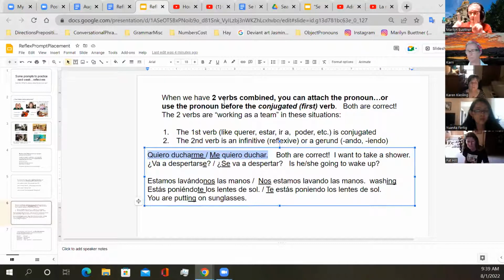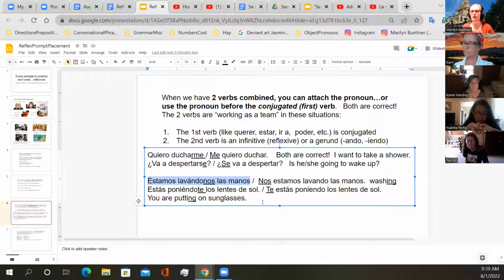The other two verb combination is when we've got what we call progressive tenses, meaning something is in progress as we speak. I am eating breakfast. I am talking to you guys. That means we're using estar, it could be some other verbs, but usually it's estar plus a verb with an ing equivalent, and the ing equivalent is ando or yendo.